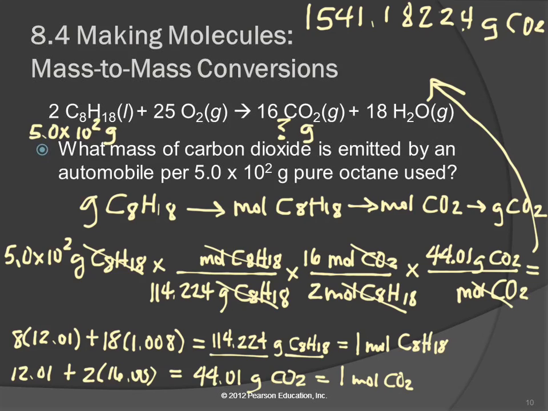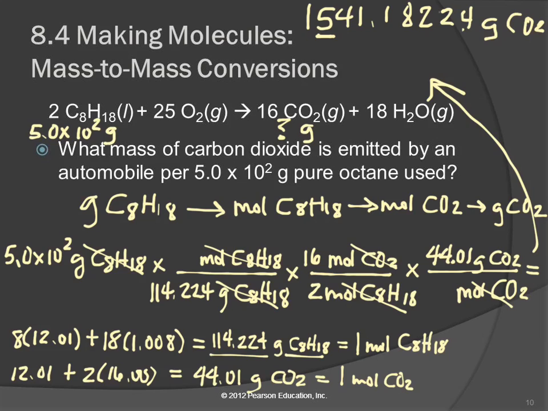That's way too many significant figures, isn't it? Mole ratios are exact. Molar masses are generally not going to limit our answer either. So look back and see, where did you start? This had 2. So that means that I need to round this off to 2 significant figures. But I can't just call it 15, because 15 is very different than 1,500, right?